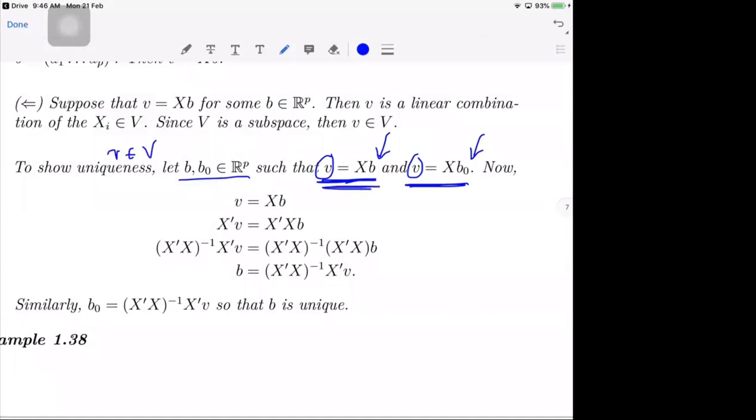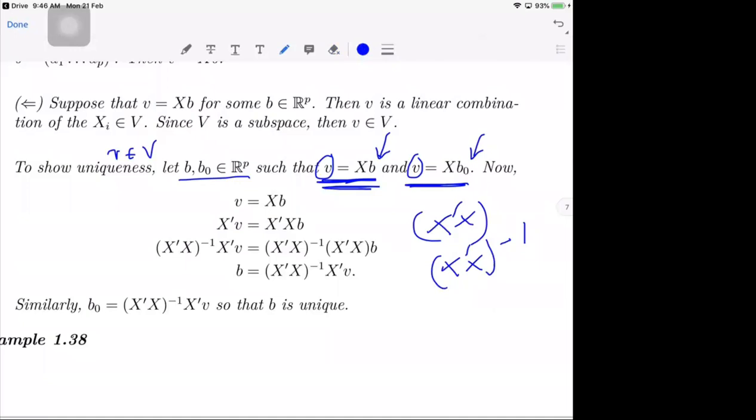So this is the same vector but two different B and B null. So we'll start here. We will use the given X basis, the X matrix, which is a basis for V. So what we did here is just we pre-multiply it by X prime, and we will use the information that X prime X is invertible, so that if it is invertible, it has an inverse.